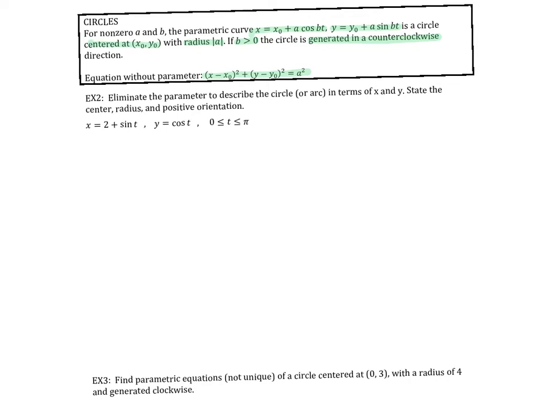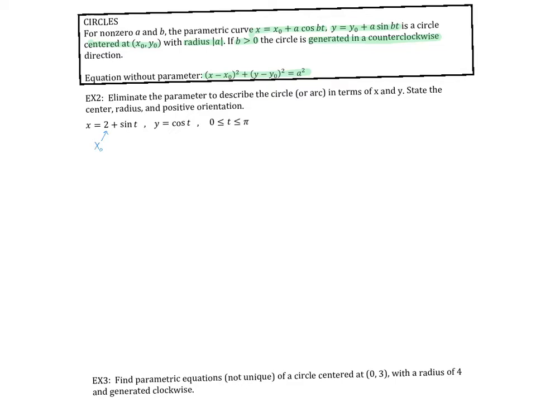So if I were to eliminate the parameter, I could use the equation without the parameter. Here notice that my x sub 0 is going to be 2.